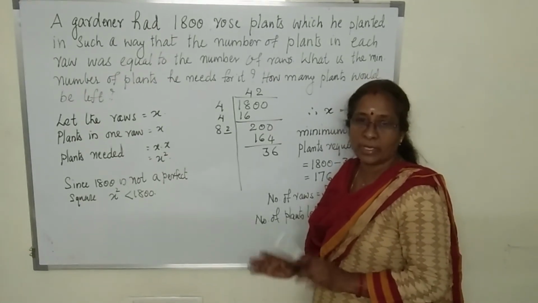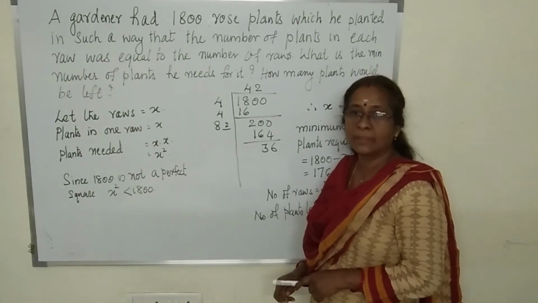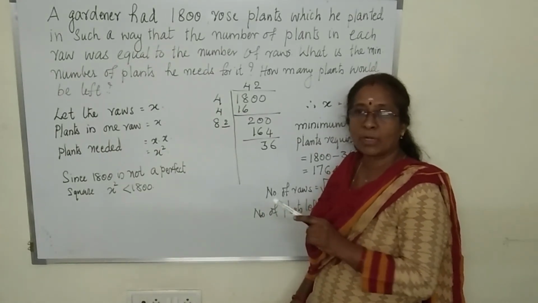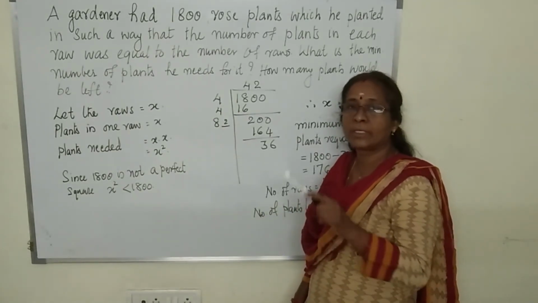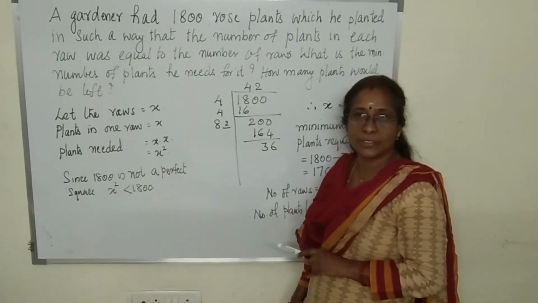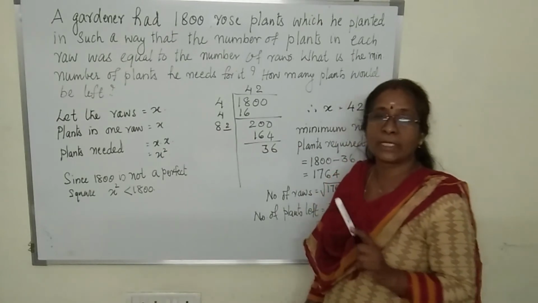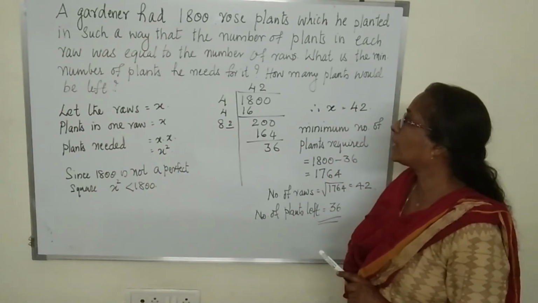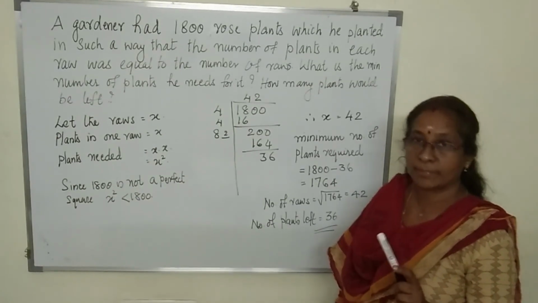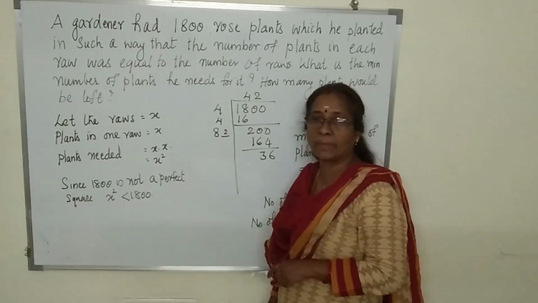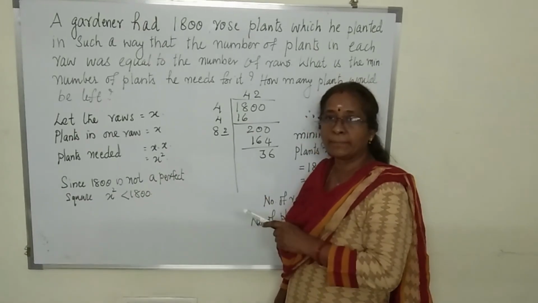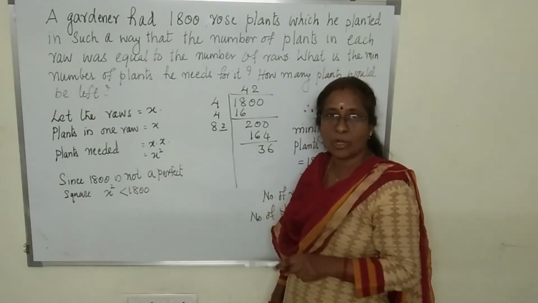If it was a perfect square number, then 1800 can be arranged in an equal number of rows and columns, or the number of columns will be equal to the number of plants in each row. But we know that 1800 is not a perfect square. So from that 1800, how many plants does he need? How many plants are required for planting them in rows and columns?